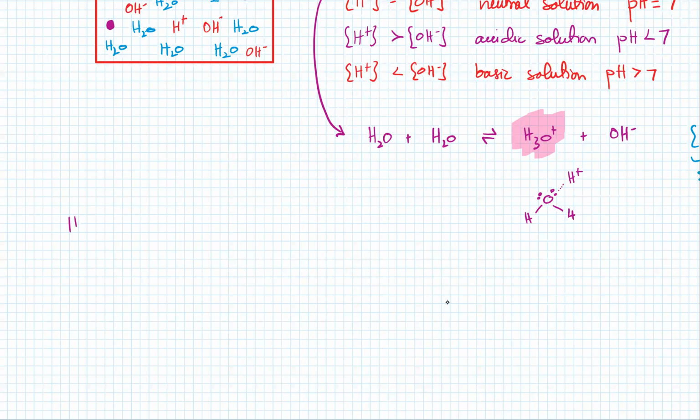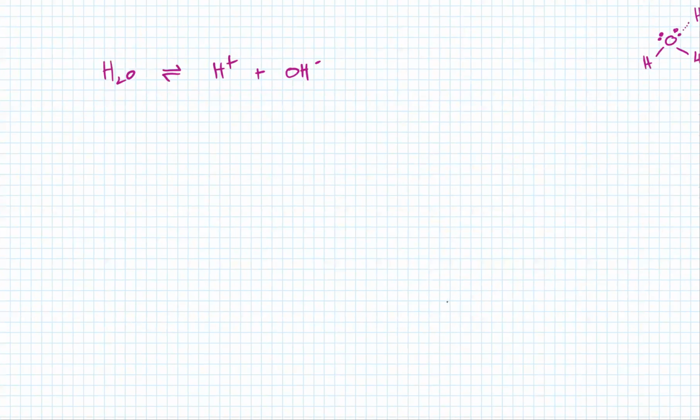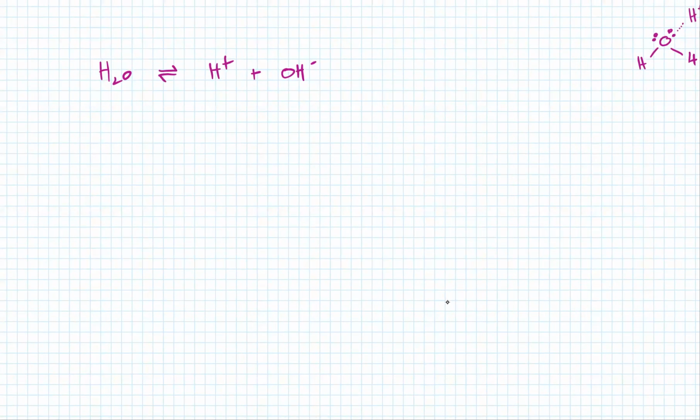So you've got water ionizing, forming H plus 1 and OH ions. The amount of water that ionizes is very, very little. It's 1 times 10 to the power minus 7, and it produces 1 times 10 to the power minus 7 mole per dm cube.